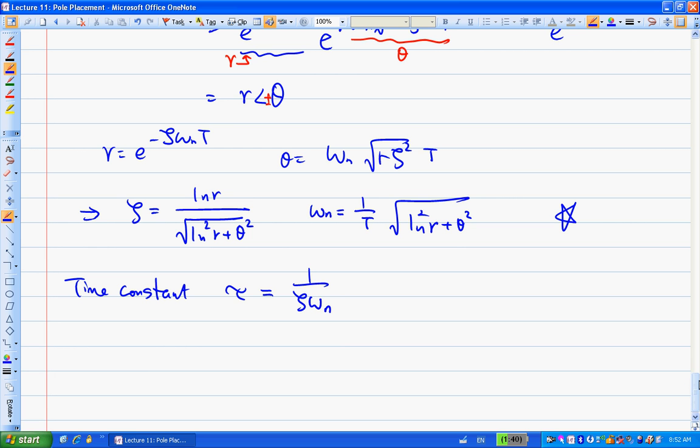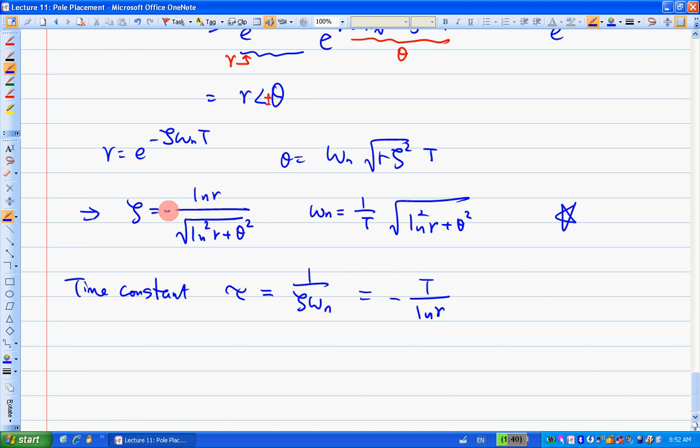Okay, so now we have the zeta omega n at here in terms of r and theta. So in the discrete equation, what's the time constant now? Just multiply these two together. You get negative T over this.